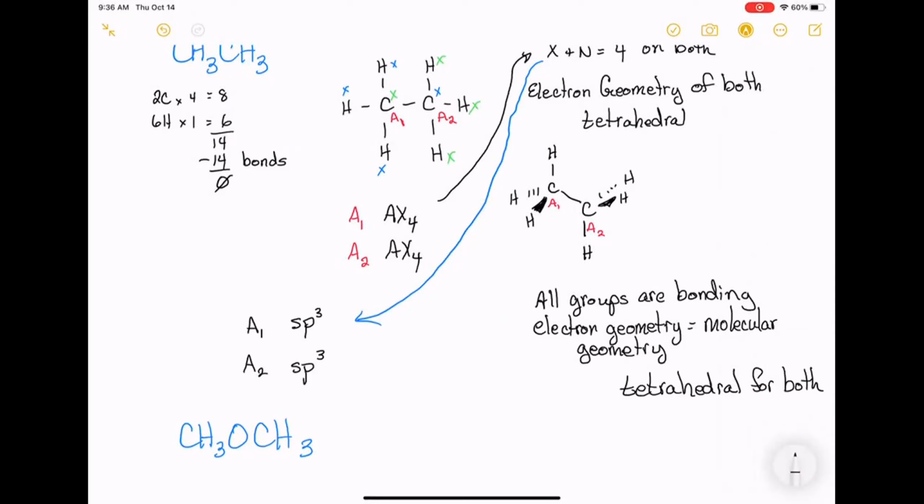As far as polarity is concerned, since it is carbon and hydrogen only, you can guarantee that the molecule is nonpolar.